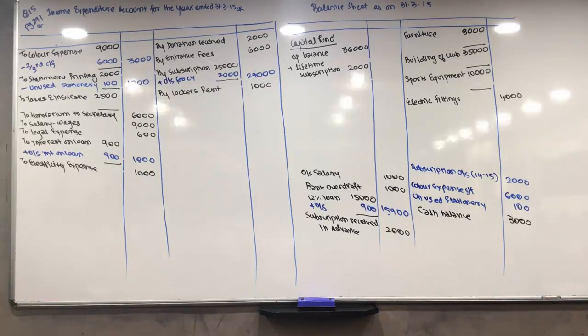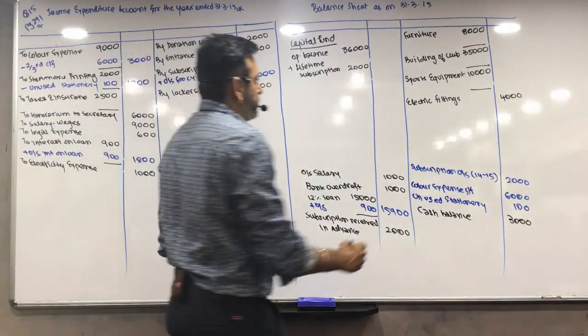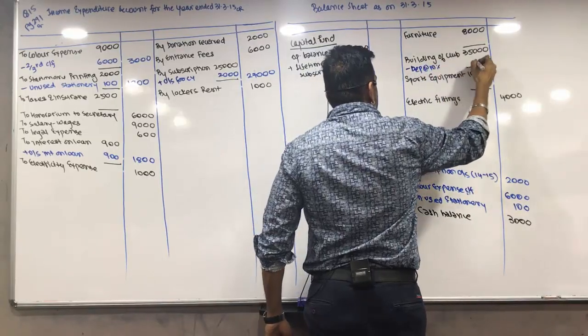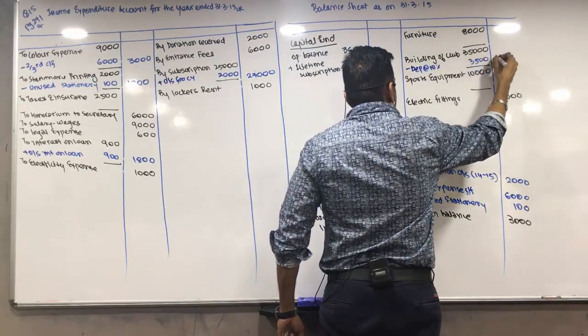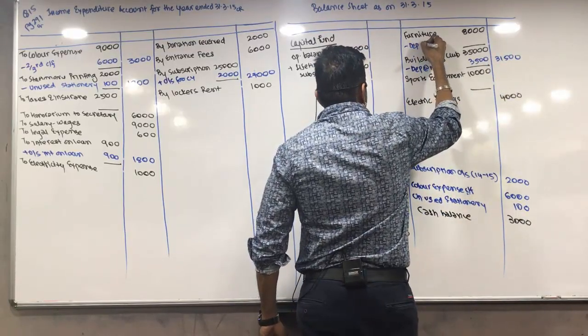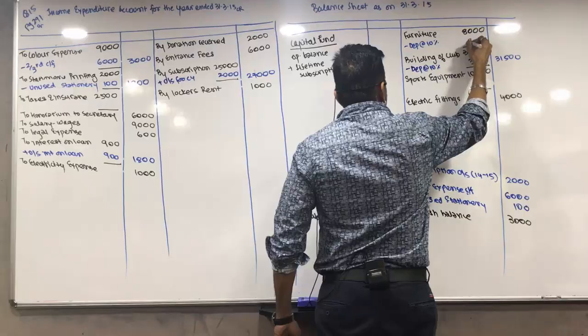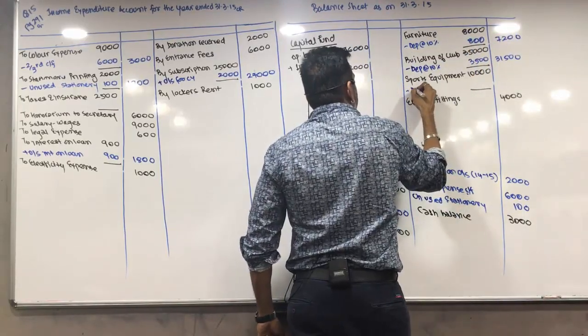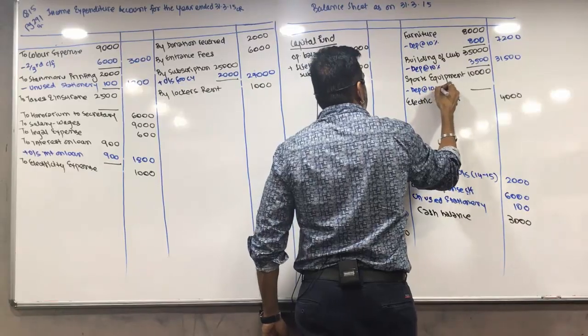Two-third color work expense done, unused stationery done. Depreciation: building 10%, furniture 10%. Sports equipment depreciation 10%.